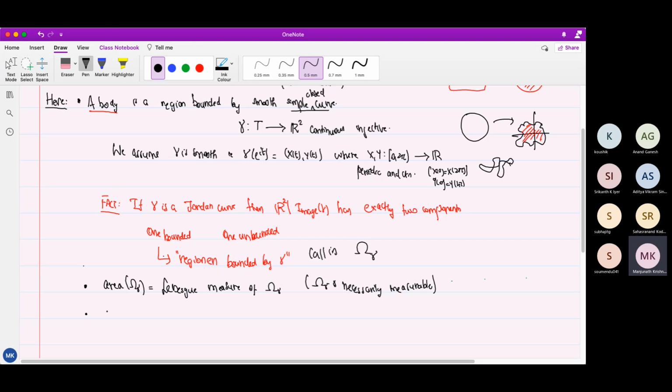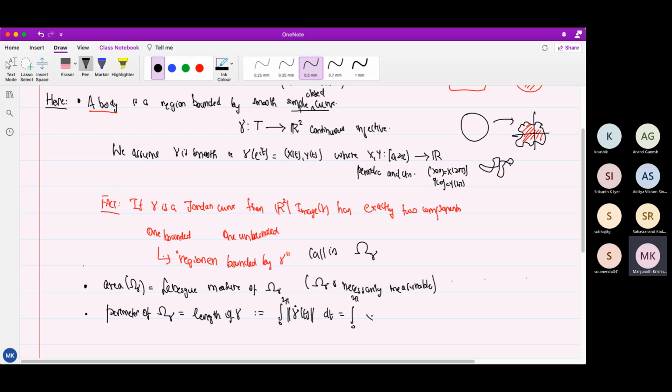Let me write the perimeter of omega gamma. It is by definition the length of gamma, which is by definition the integral from 0 to 2 pi of the norm of gamma dot of t dt, looking at it in R2.